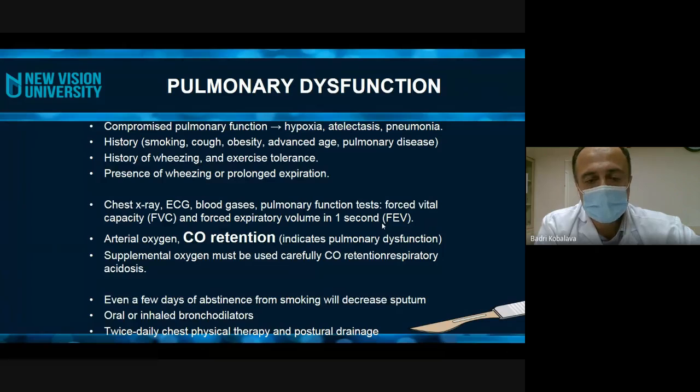The most important pulmonary function test is spirogram. Spirogram is the method of investigation when the patient exhales into a special device, which is connected to a computer, and everything is recorded. Parameters of the respiration are recorded. The most important parameters are forced vital capacity of the lung and forced expiratory volume in 1 second.